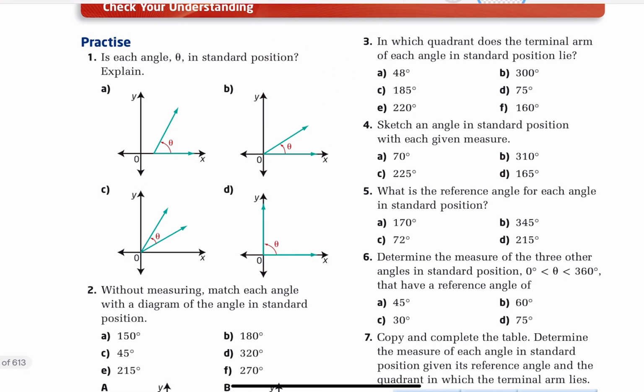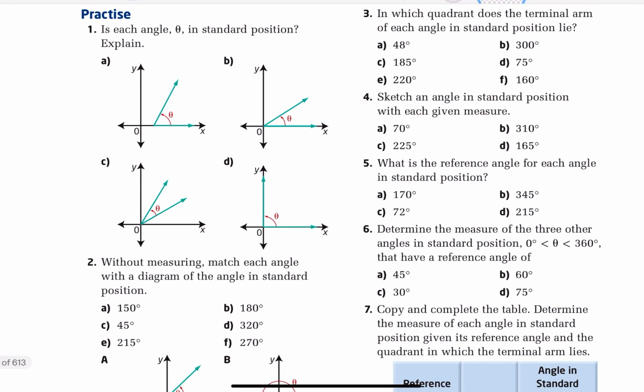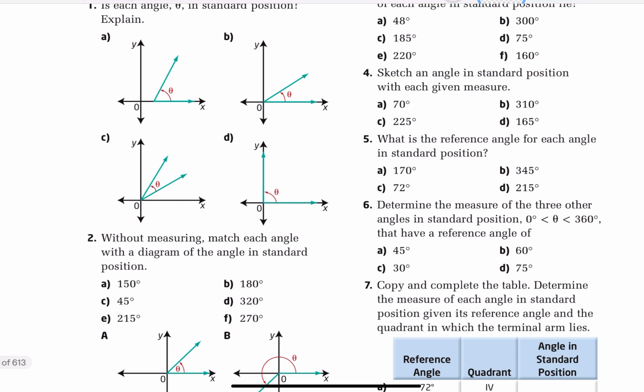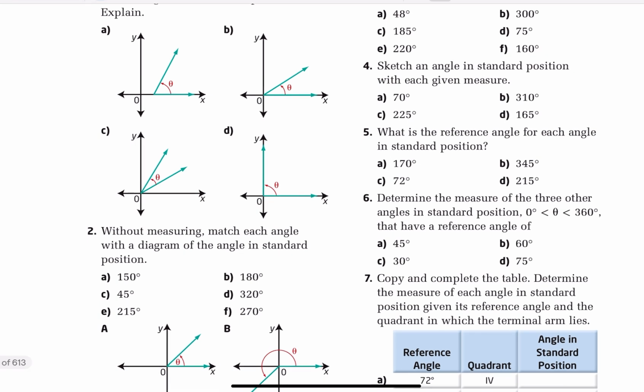Okay, this one also: sketch the angle in standard position, which is given. What is the reference angle for each one? Yeah, we can do this one because it is talking about reference angles. So we are given the angle, which is 170. If I draw my x and y axis, where is my 170?